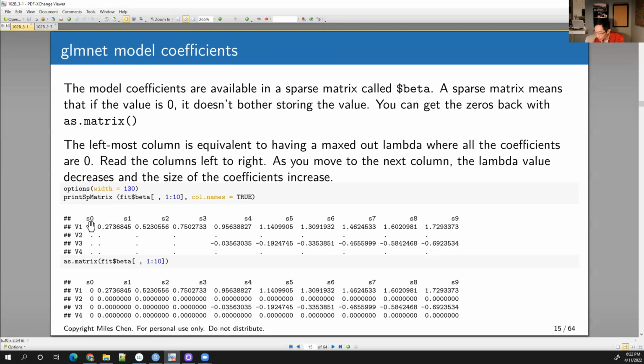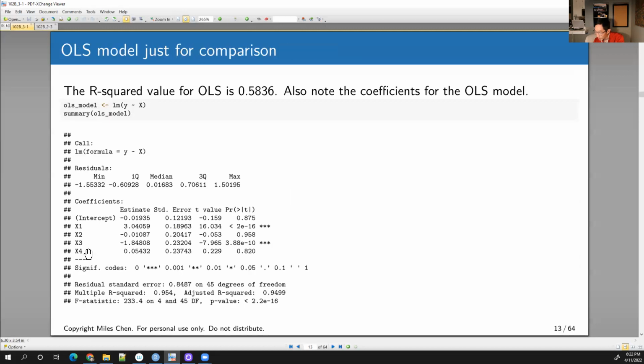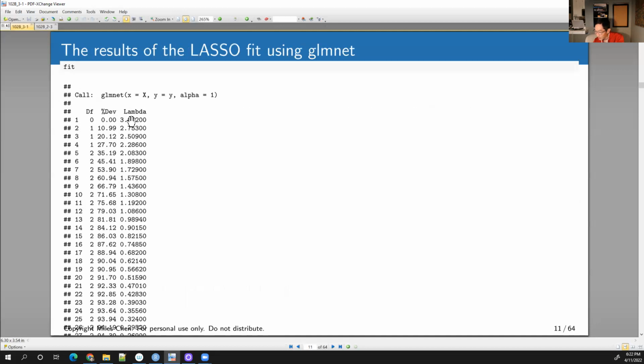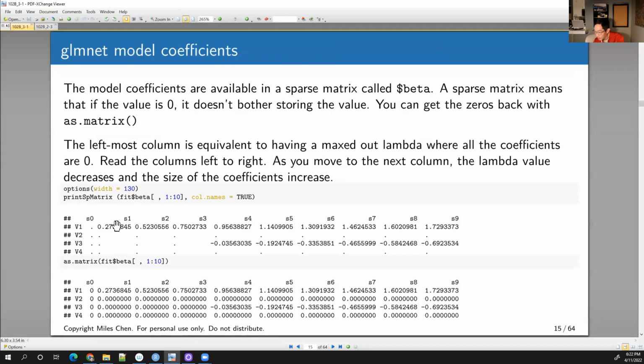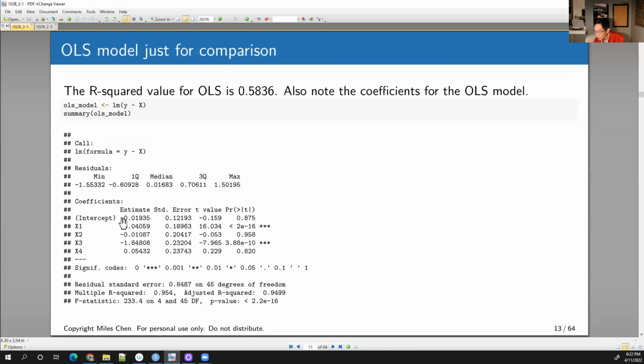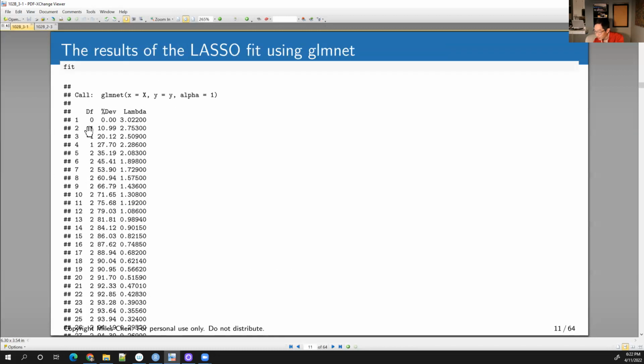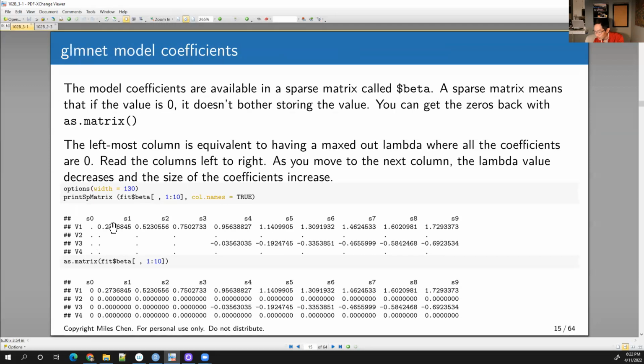And so this first column, this S0 column, corresponds to having 0 for all the coefficients. The next column is the coefficient for the fit S1, which says we got 1 coefficient, 1 degree of freedom, and we're able to explain 10.99%. That's using this term, okay?